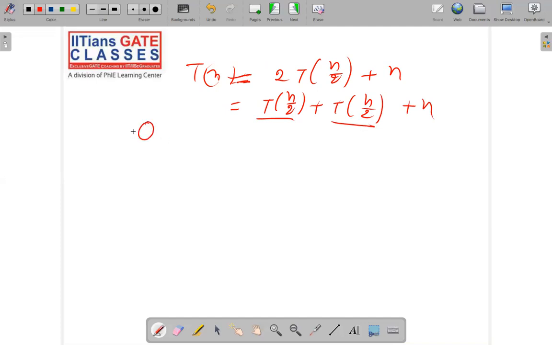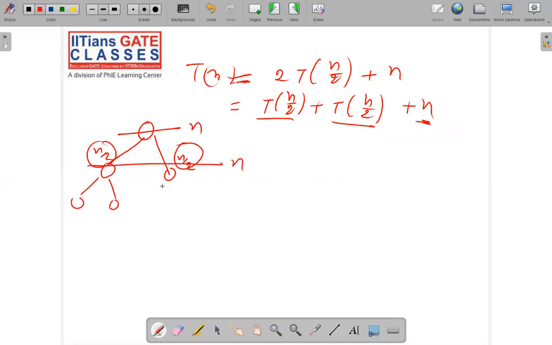Here, the effort is n at the root node. Now you have n by 2 input and n by 2 input, and the sum of the effort is n again. And again you create 4 nodes: n by 4, n by 4, n by 4, n by 4. The whole sum again becomes n.